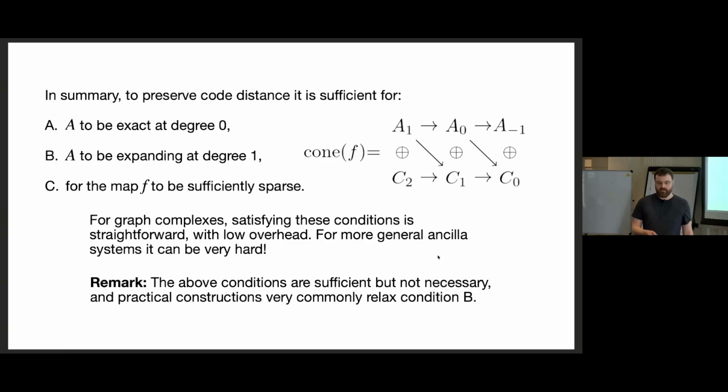And if you don't make something that's expanding here, if you just do enough to preserve the code distance, then even though you're not going to have something that's lower weight than D, you could end up with a whole bunch more representatives which are much closer to weight D. And so the logical error rate against stochastic noise is going to be a bit worse. There's also another problem, which I'll get to later, with doing this kind of ad hoc construction of ancilla systems.